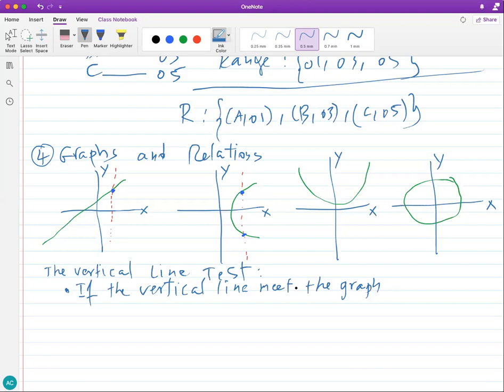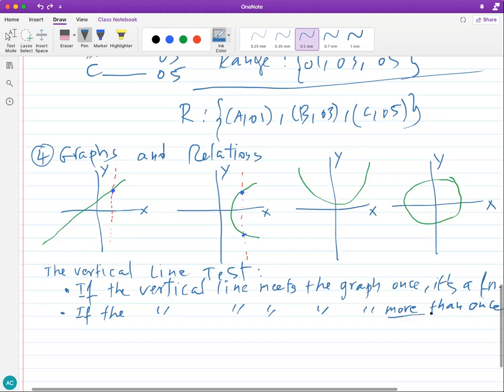So if the vertical line meets or intersects with the graph once, it's a function. Otherwise, not a function. If it meets more than once, if the vertical line meets the graph more than once, okay, so it's important, more than once, it's not a function.